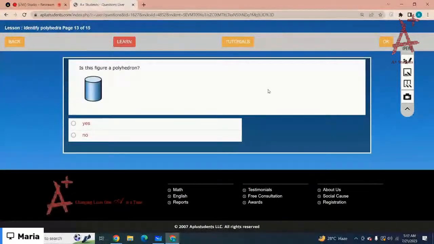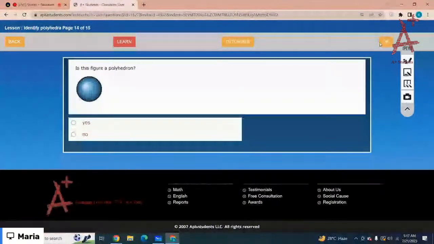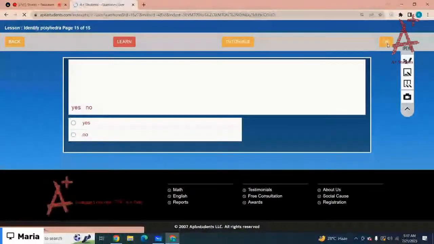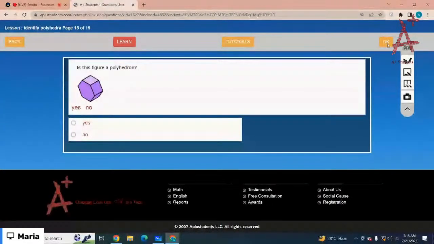No, this is not a polyhedron. Is this figure a polyhedron? No, this is the sphere. Is this figure a polyhedron? Yes, it is a polyhedron.